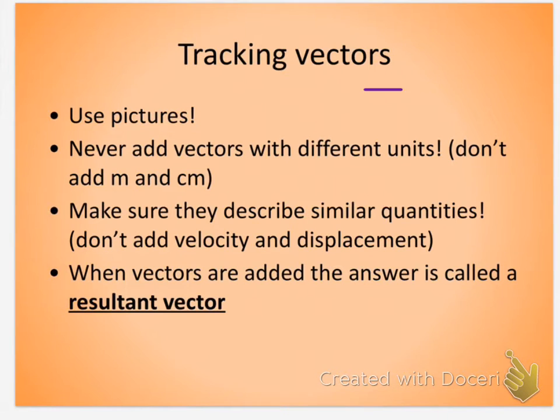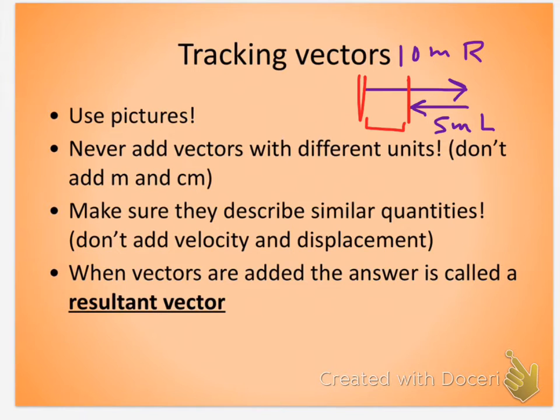So if we have 10 meters to the right, and then we go back 5 meters to the left, we can figure our displacement. By looking at the picture, we can very easily determine our displacement.